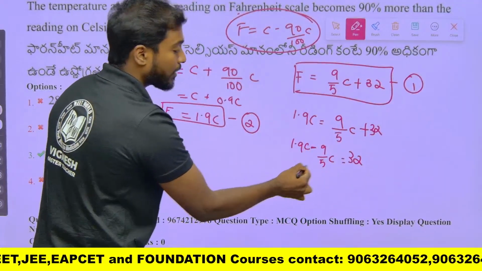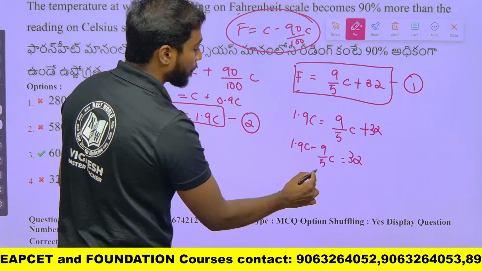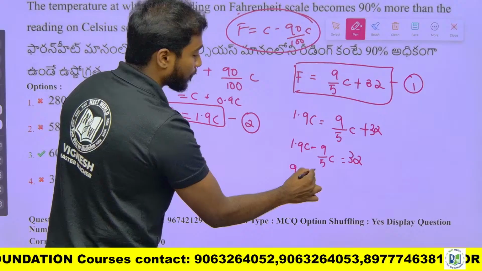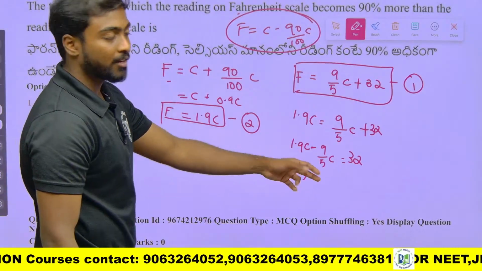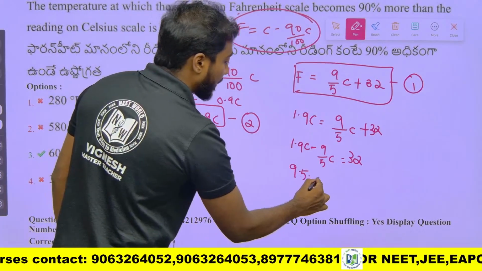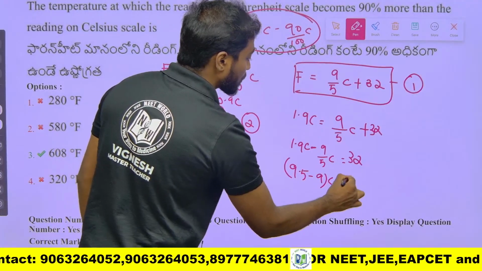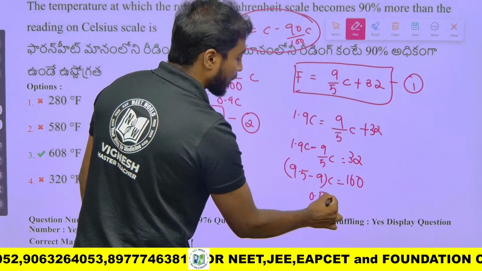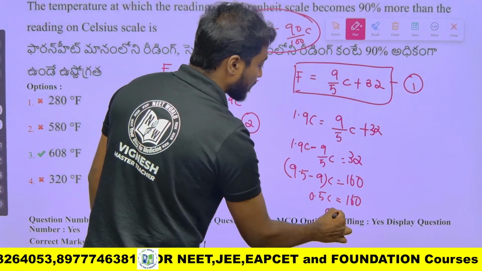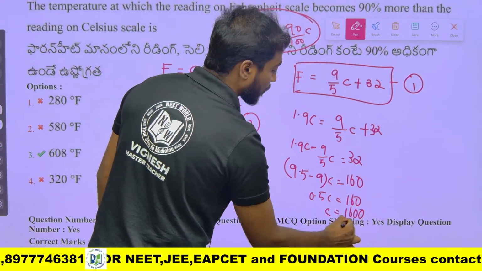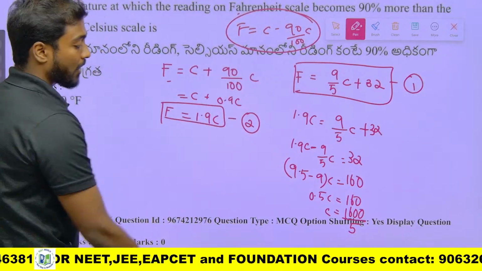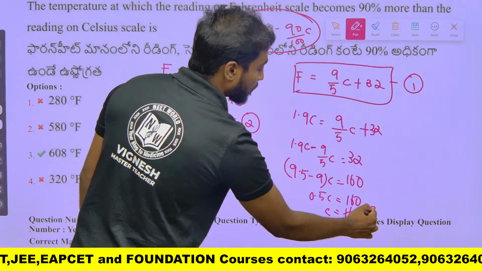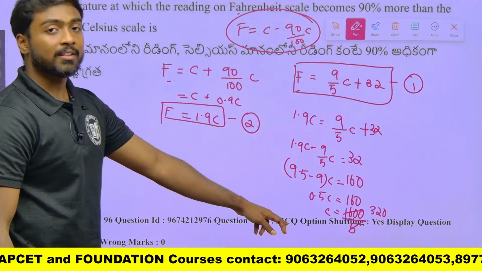So only the LCM part and subtraction is left. 19 into 5 is 95, and 9.5 minus 9 C is equal to 32 into 5, that is 160. So 0.5 C is equal to 160, where C is equal to 1600 by 5. I have multiplied by 10 on both sides. So 1600 by 5 will be 320, guys. C is nothing but 320.